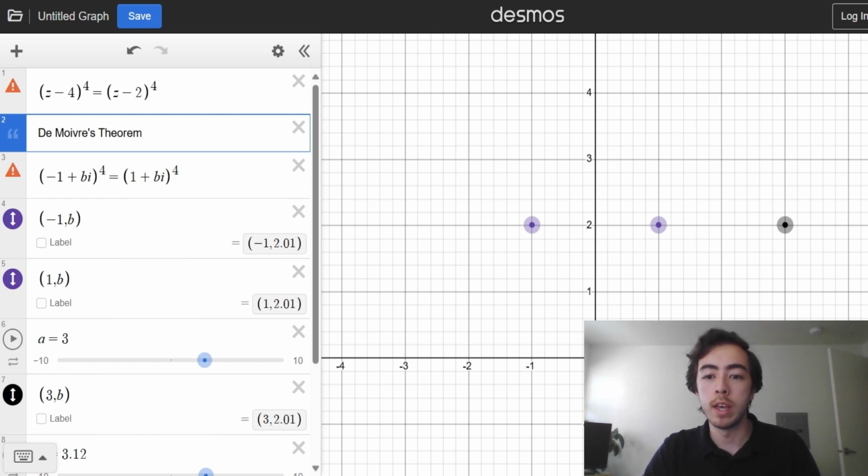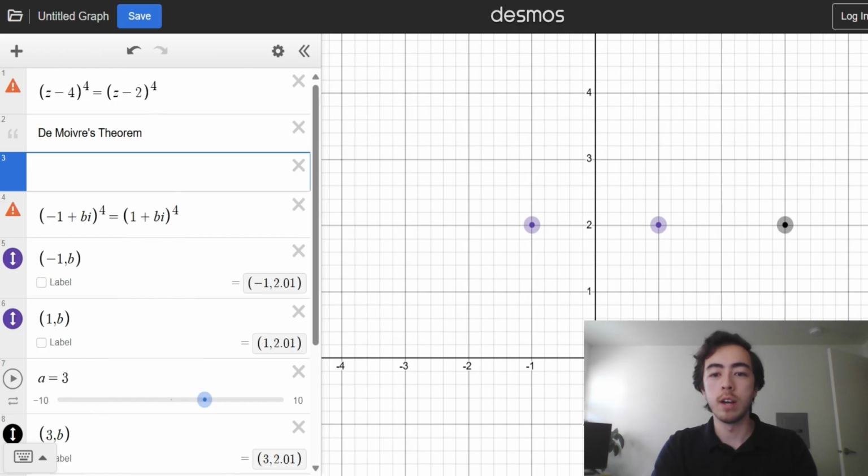So currently, I have some angle that goes from the x-axis to here. And this is kind of the power of 1 of this complex number because it's just itself. And then if I squared this complex number, the resulting angle would be roughly, actually kind of near this one, I suppose, because I'm trying to add this angle to itself again. So I'll be somewhere in the second quadrant just based on de Moivre's theorem.